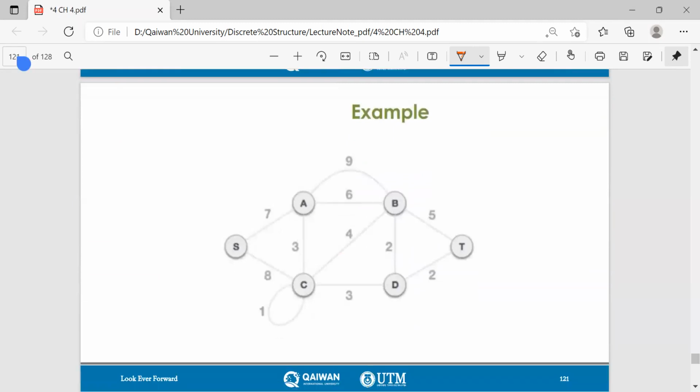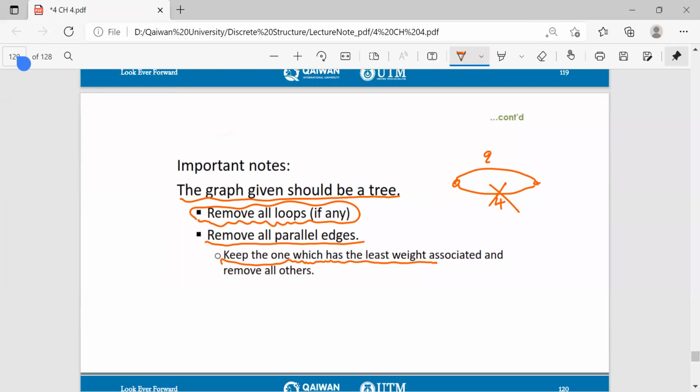Here we have an example. In this example, we should find the minimum spanning tree. Regarding the above nodes, here we have these 2 nodes. We remove all the loops. That means if we have an edge from a vertex to itself, we must remove it. And also, we remove all parallel edges.